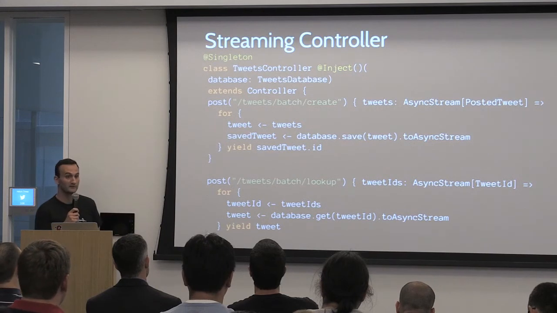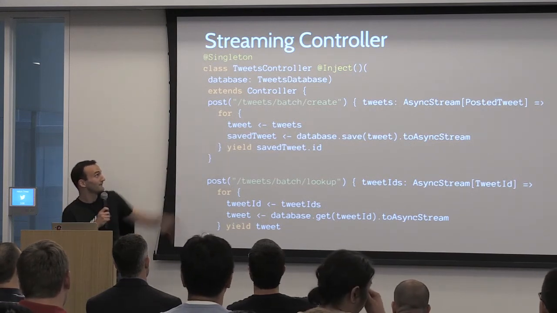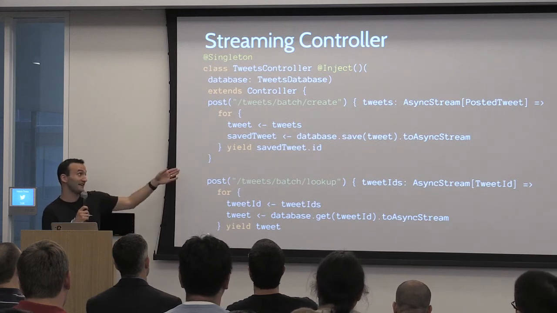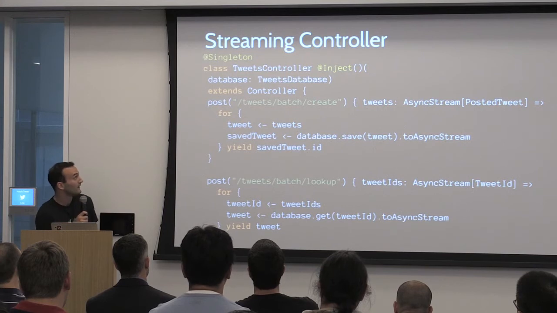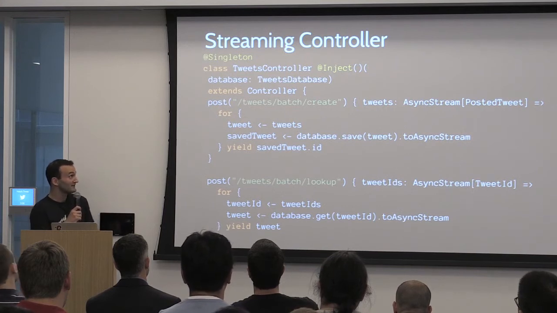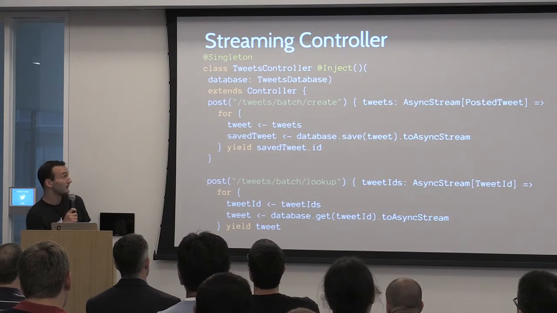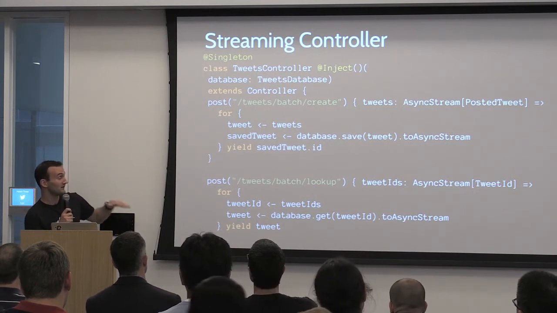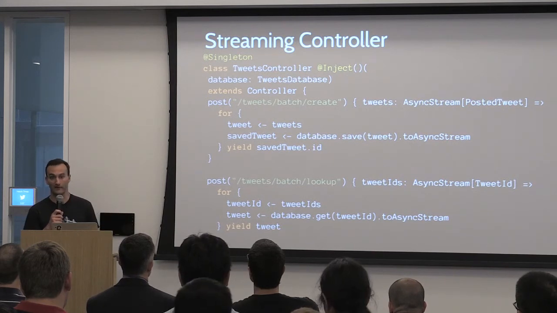We convert that future into an AsyncStream. We then get a saved tweet, and we're able to then yield the ID that the database generated for that tweet. So this is now a fully streaming, non-blocking API where you can post an infinite list of tweets in, and as each one is saved, we'll stream out the IDs.